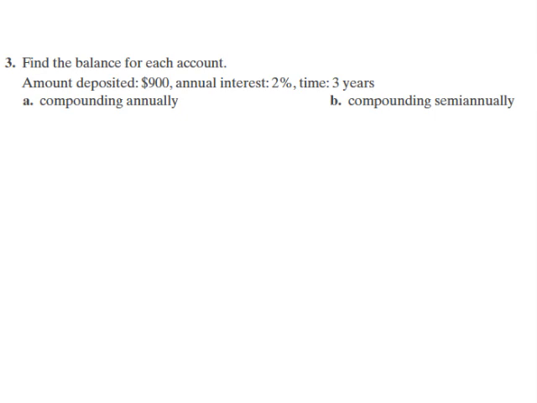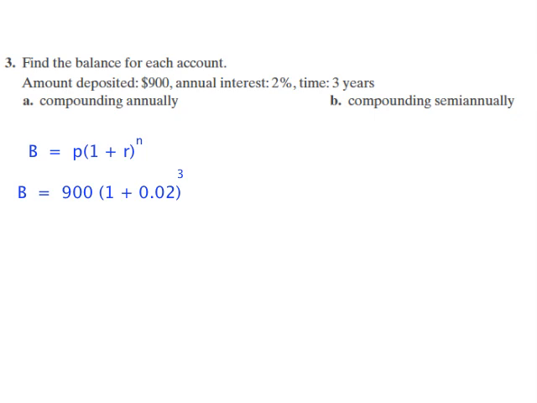For the first problem, when it's compounded annually, we're going to start with our formula. B equals P times the quantity 1 plus R to the nth power. We're trying to find the balance. We know that the principal is $900. The annual interest rate is 2%, so we're going to take 1 plus 0.02.